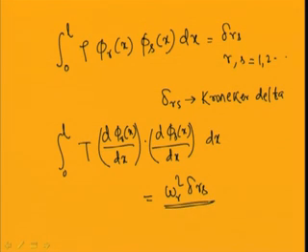So, in this way you can show that different modes are orthogonal to each other, and using this property of orthogonality, you can find the free vibration response of the system.